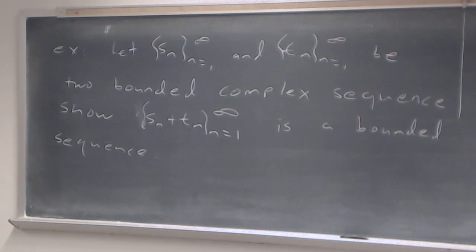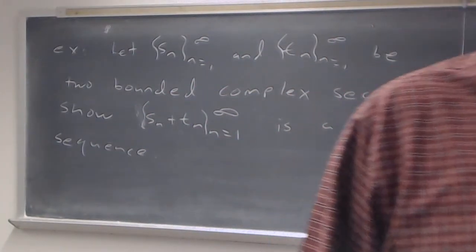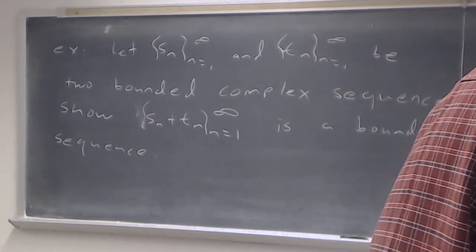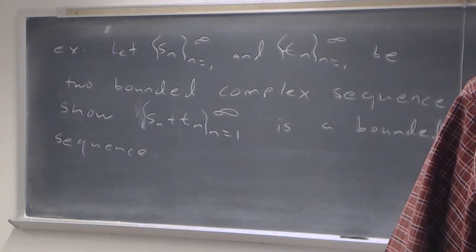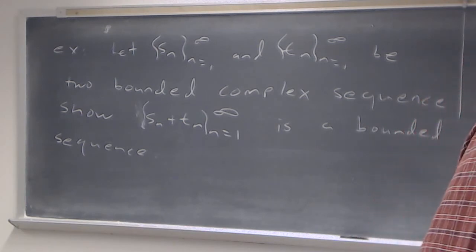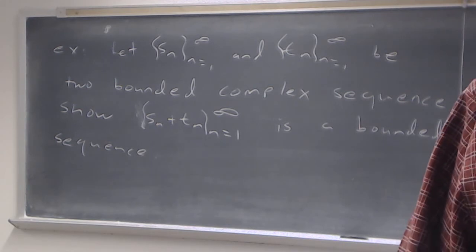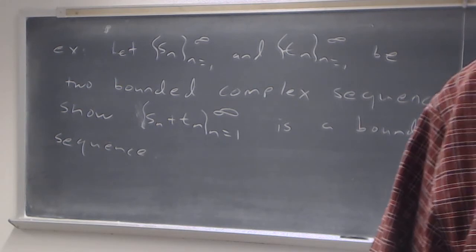If you're convergent, you are bounded, but the reverse doesn't hold. I showed that through an example in one of the videos. One of the simple sequences we've looked at is -1 raised to the n. That's a sequence of real numbers that just bounces between 1 and -1. And that is a bounded sequence, but it's not a convergent sequence, okay?